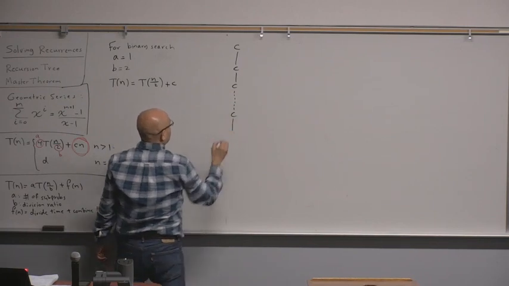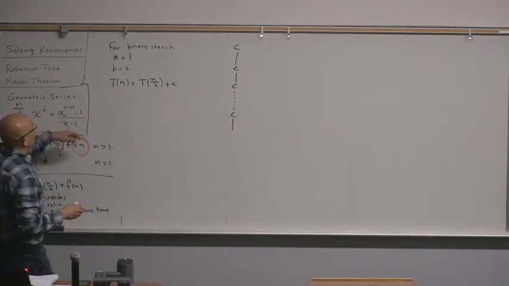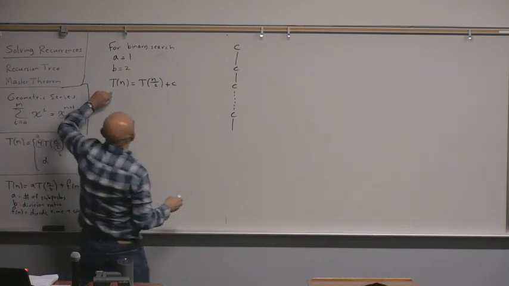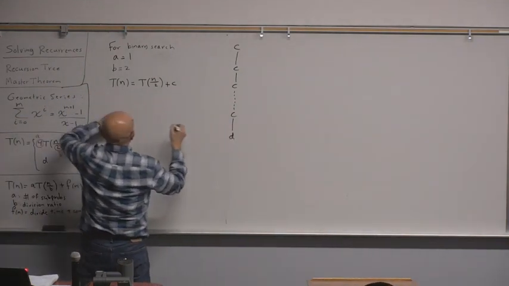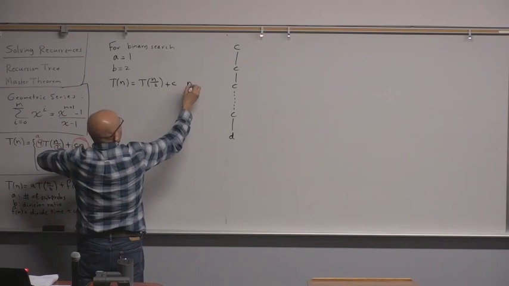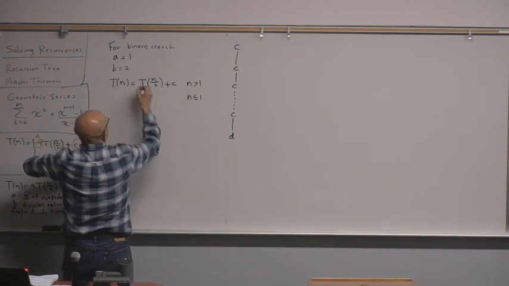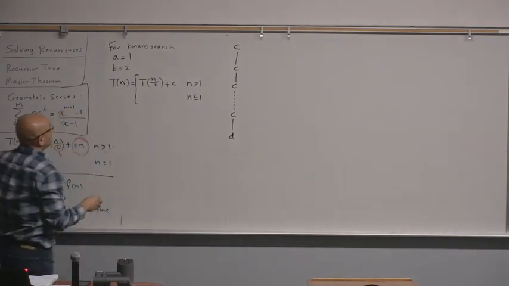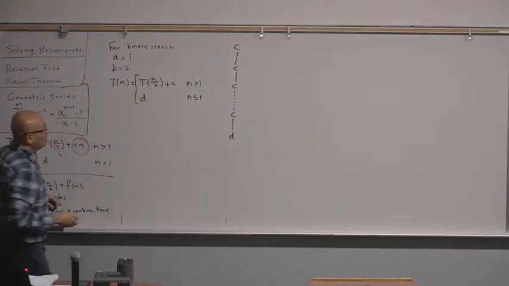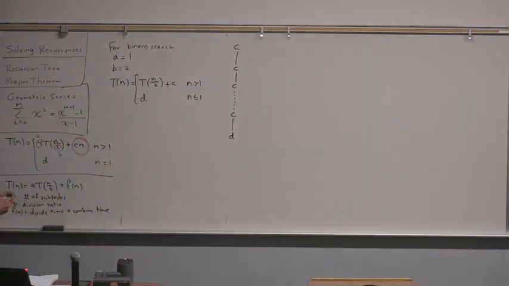And then finally, when we get to the final level, we'll have a D, because this is n greater than 1, n less than or equal to 1. We have a D. And remember that we can always ignore constants.